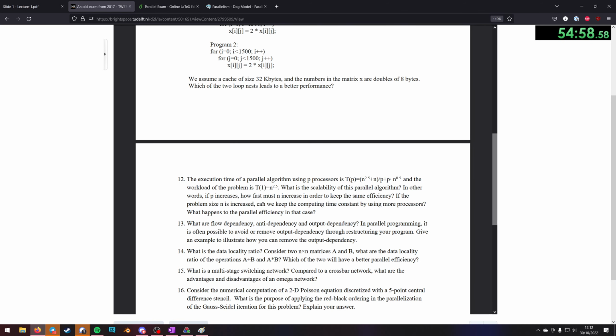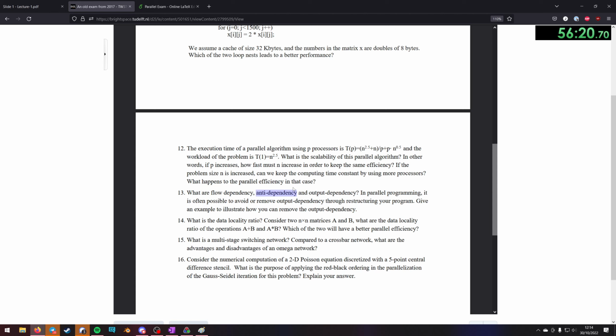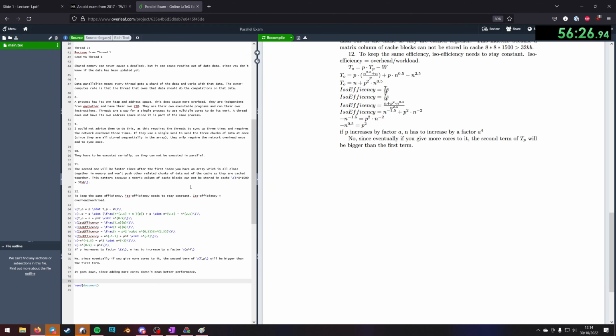Not sure about that one. The output dependency is that you have two things outputting the same variable or something.